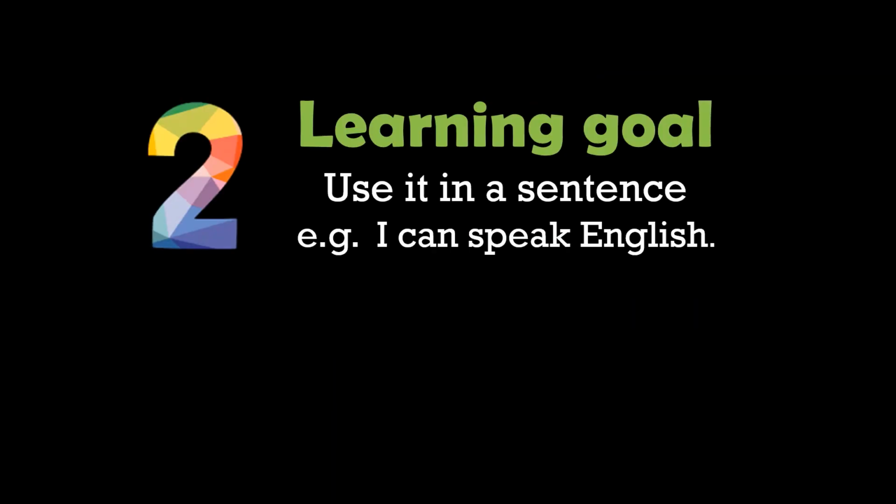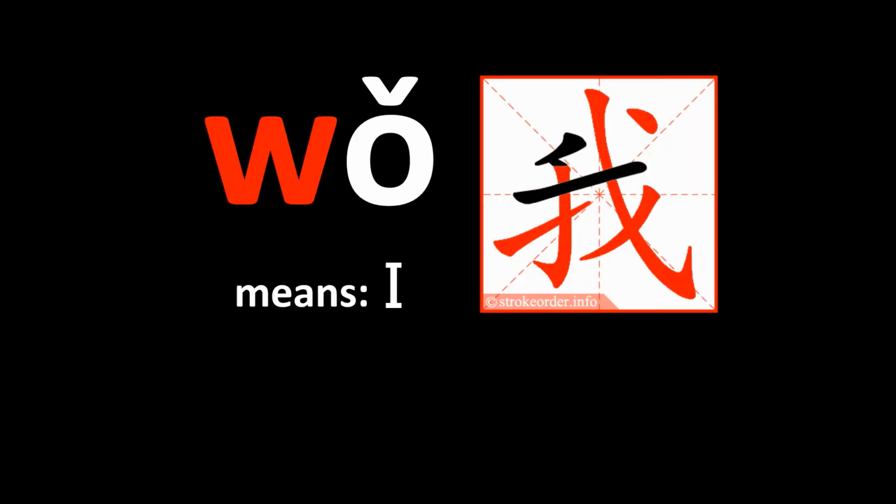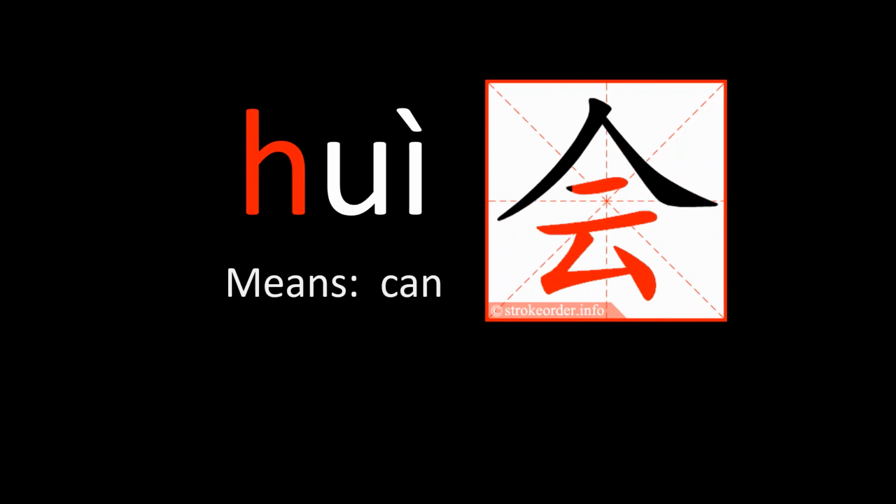Okay, so we have learned 6 languages. Let's put them in a sentence. The sentence will start with I can speak. I is 我 with a third tone, going down. The second word is can, 会 on the fourth tone, going down. 我会, I can.